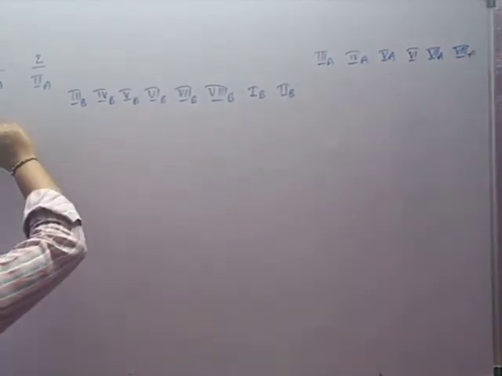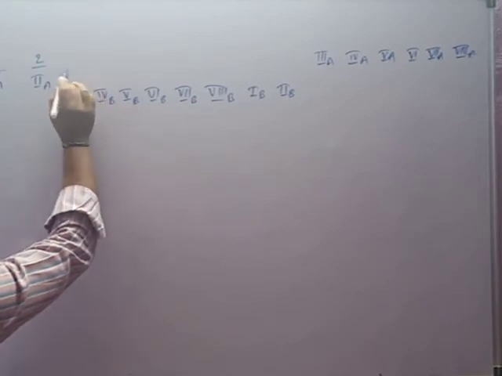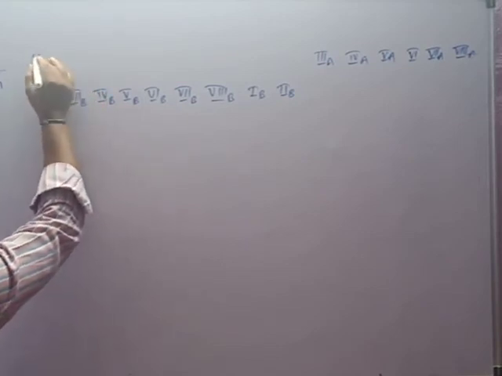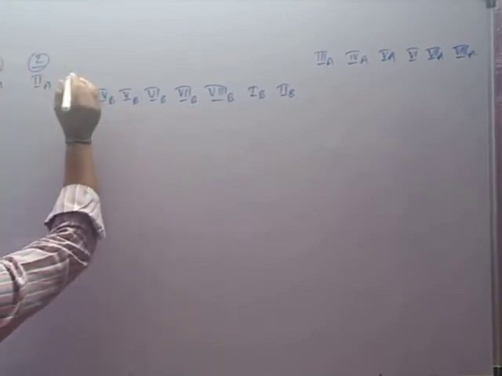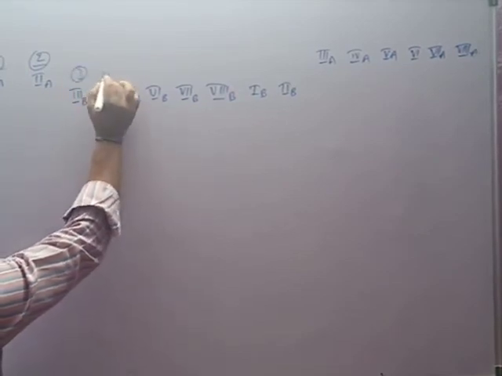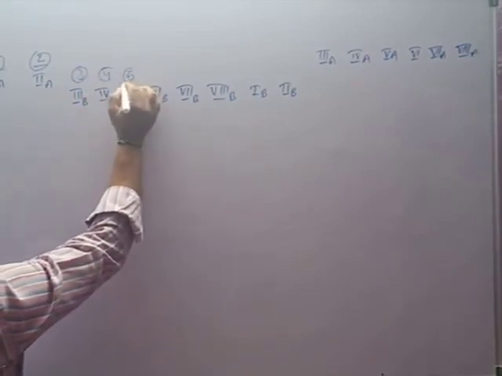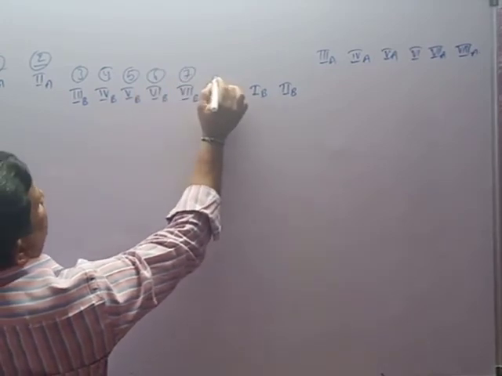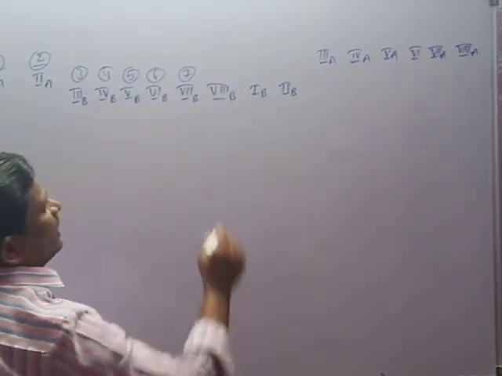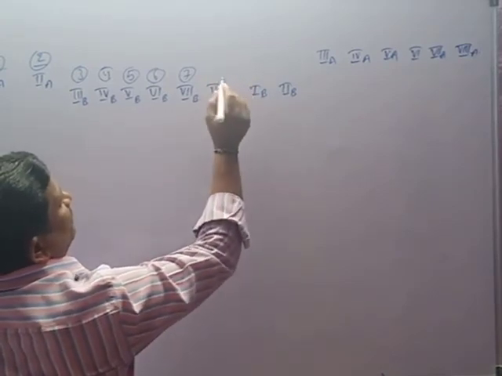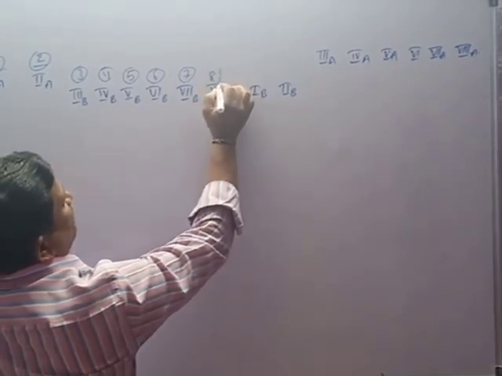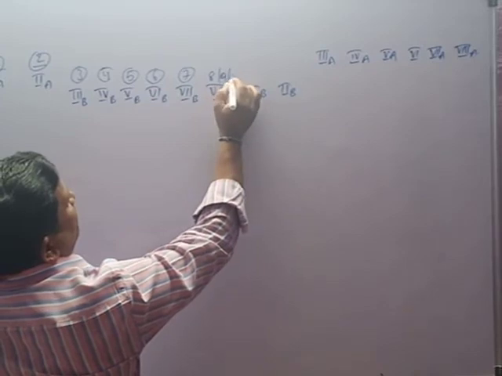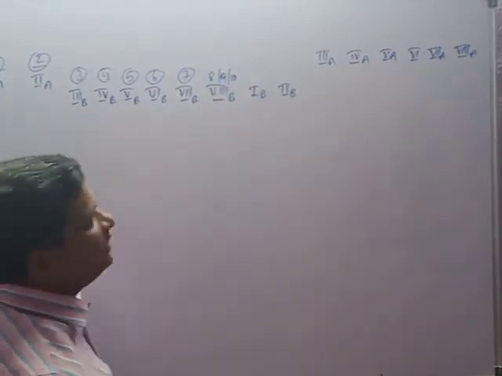So it is first group, second group, third group, fourth group, fifth group, sixth group, seventh group. Then 8, 9 and 10.